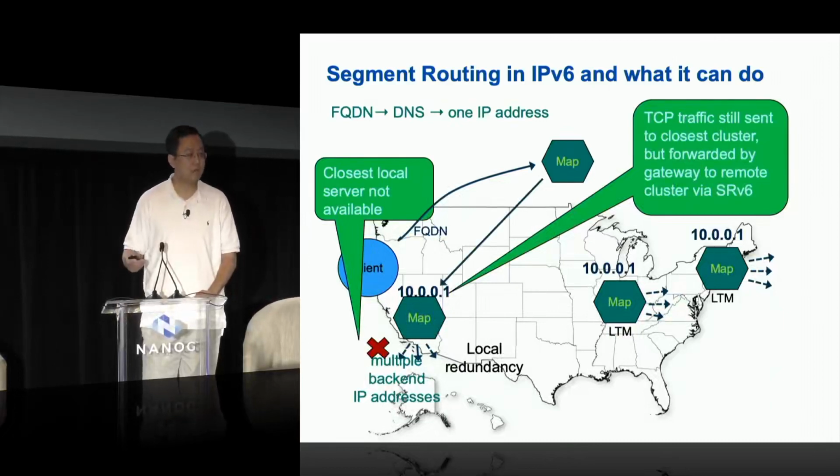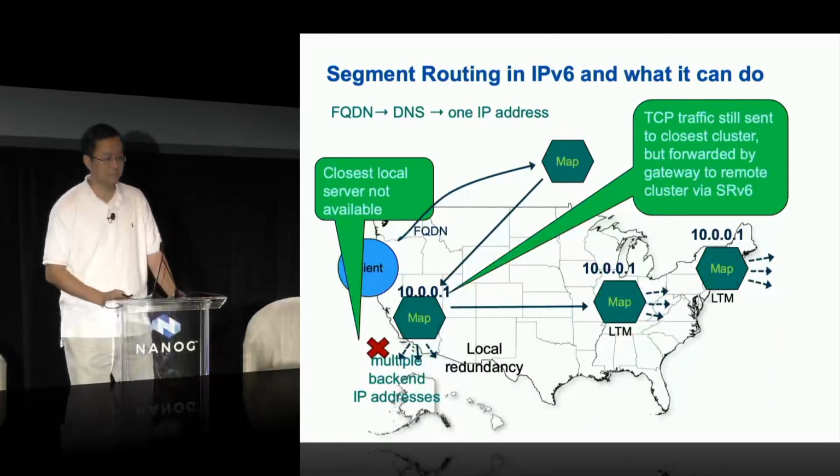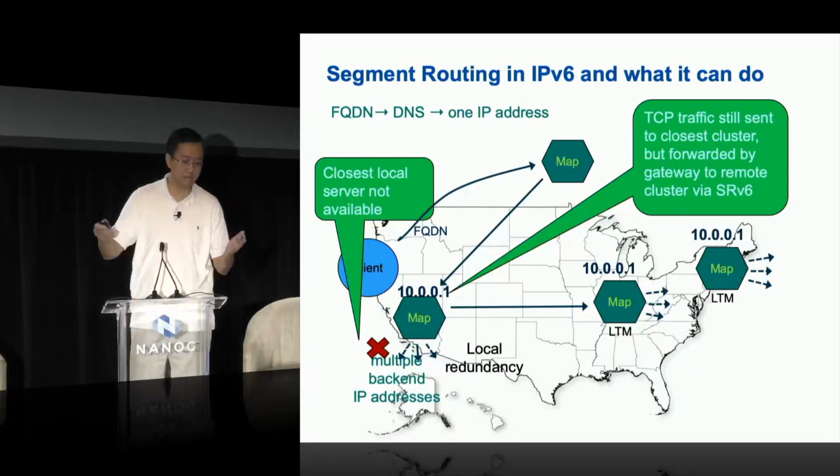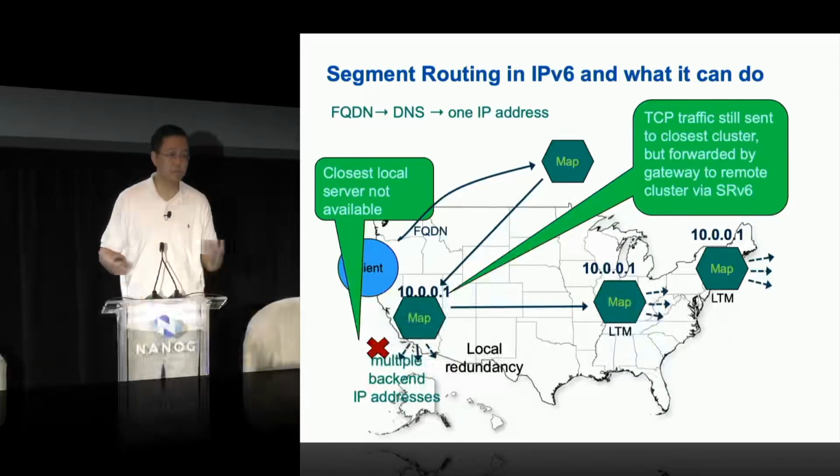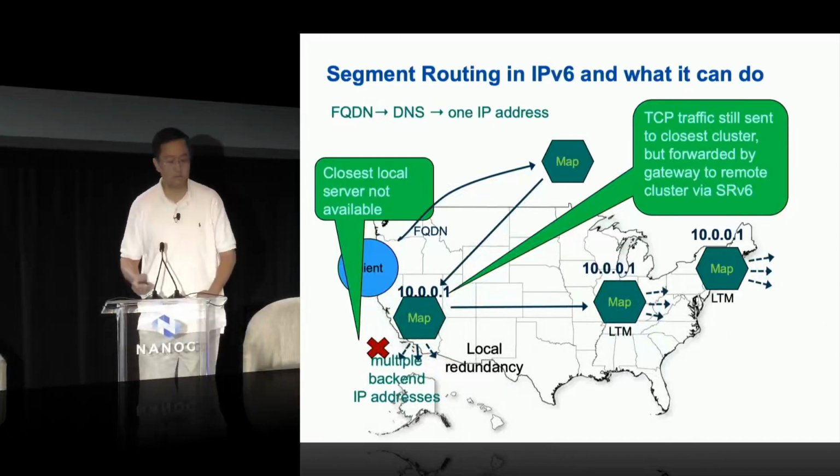And our gateways then would forward the packet to a remote cluster. I put the first map on the top in this slide to imply that it's just a lookup, right? So the client is still talking to the closest, and then we forward to the next.